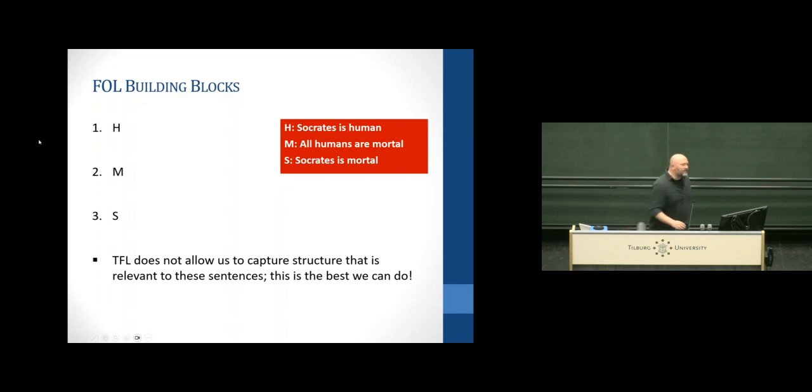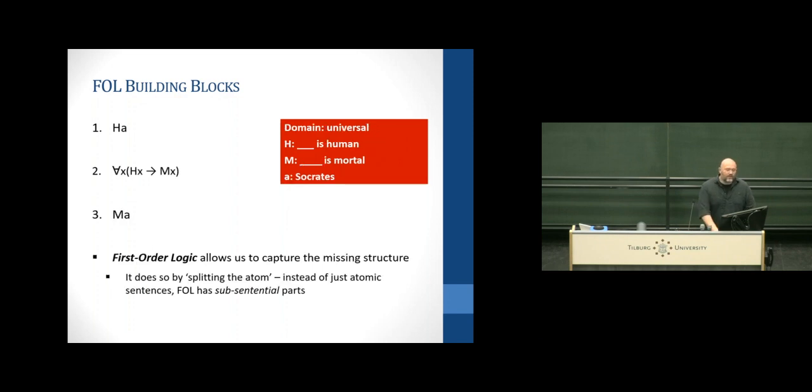The key difference is that it's not going to be constrained to operate purely at the level of sentences. Put another way, FOL, first order logic, lets us split the atom in the sense that we're going to have subsentential parts.